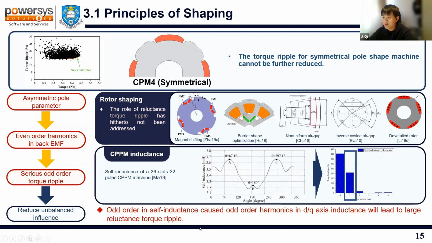Actually, this paper analyzed the consequent pole inductance. Here, it is very obvious that in the self-inductance, the first order harmonic is very large, which doesn't exist in the conventional structures. The odd order in self-inductance will cause odd order harmonics in the DQ axis inductance, and this will lead to large reluctance torque ripple.